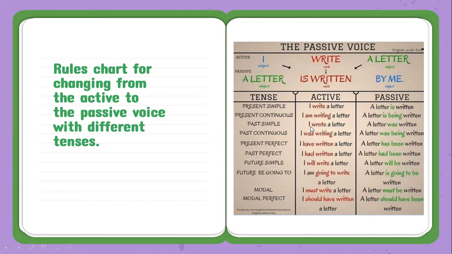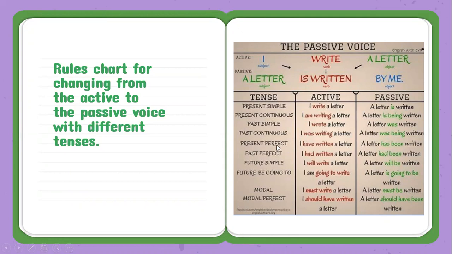The verb to be in the past, was, plus written, the past participle. Now was, again, because the letter is singular, not plural. If it was plural, it would be were. Then past continuous, was writing, was being written. So I'm just adding being for the continuous, whether it's in the present or the past. Again, continuous, I add being between the verb to be and the past participle of the verb.